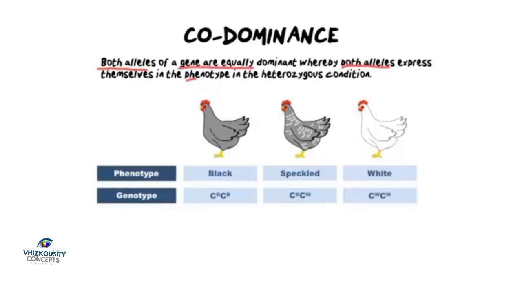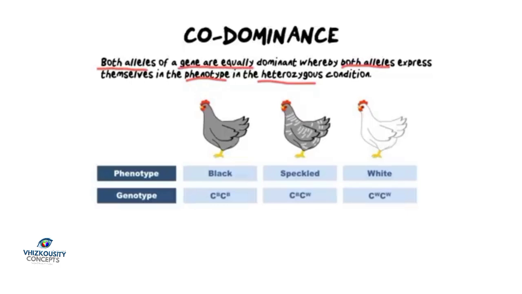And so to break that down, essentially it means that unlike incomplete dominance, where there is mixing and making a new color, codominance is taking two alleles that are equally dominant, and when they are present together in the phenotype, they share equal amounts of the phenotype.